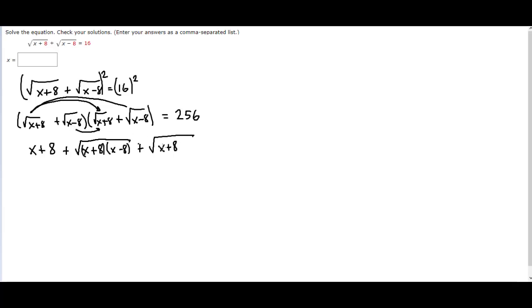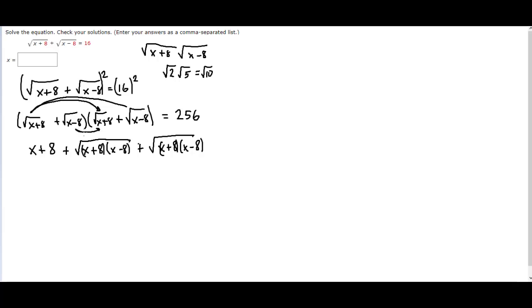And again, I'm going to combine them under a single radical because I can do that. What I'm saying here, when I say combine them under a single radical, square root of x plus 8, square root of x minus 8, when you have two radicals like that, you can put them together. So if it was square root of 2 times the square root of 5, you can call that square root of 10. You can multiply those two together. That's a simpler example just to show you.